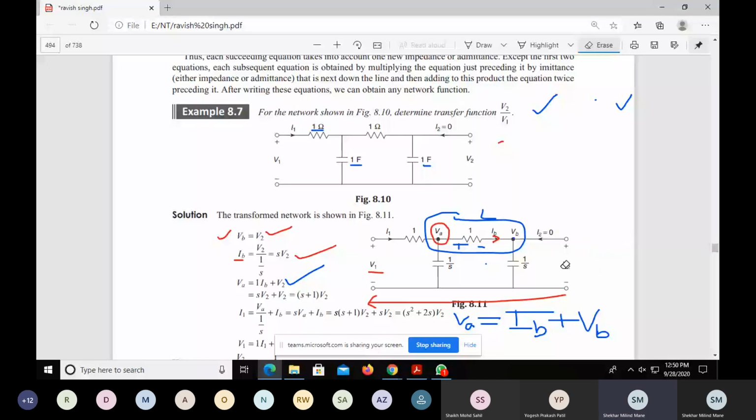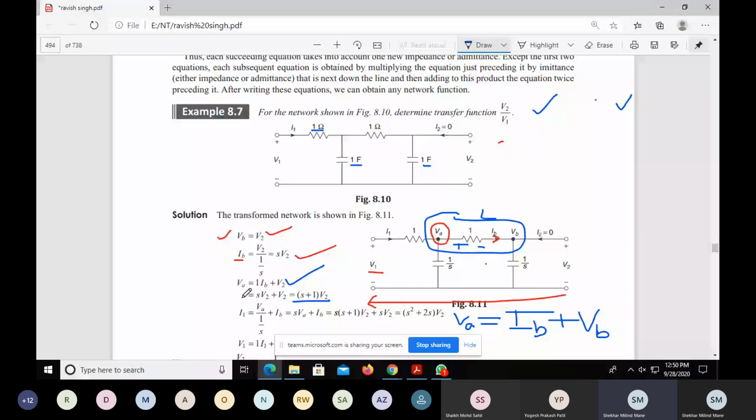So VA is 1 into IB plus V2, and IB, you know, is S V2. So S V2 plus V2, and taking V2 common, it will be S plus 1 times V2. So here we have written VA in terms of V2.